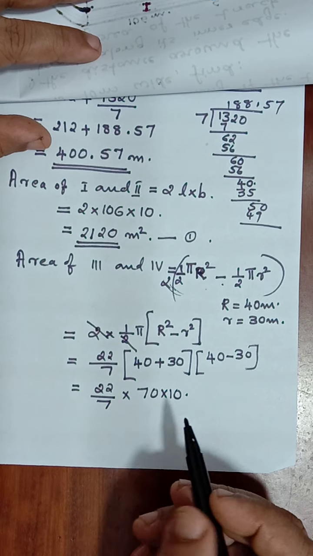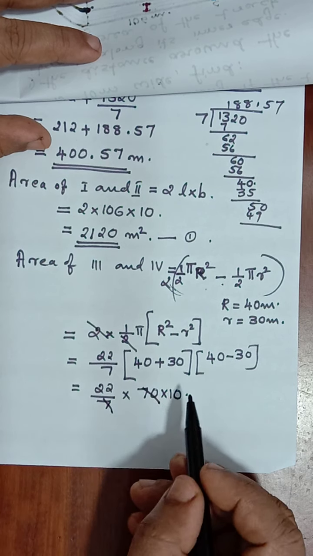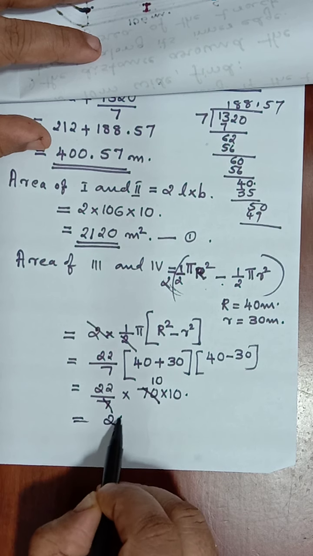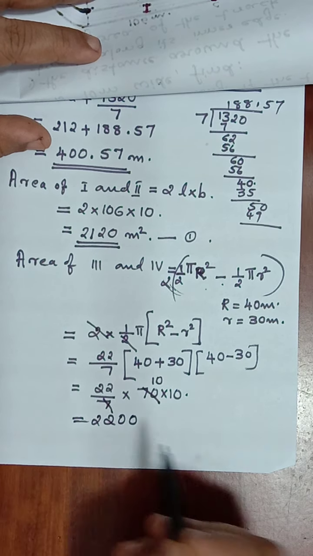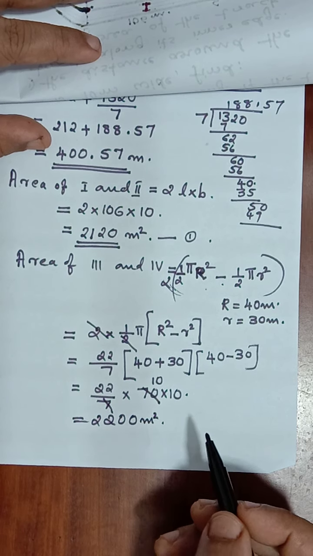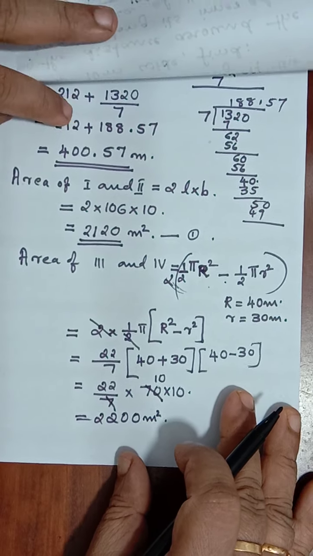The 7 and 70 cancel, and we get 10 times 22 into 10 is 2200 meter square.